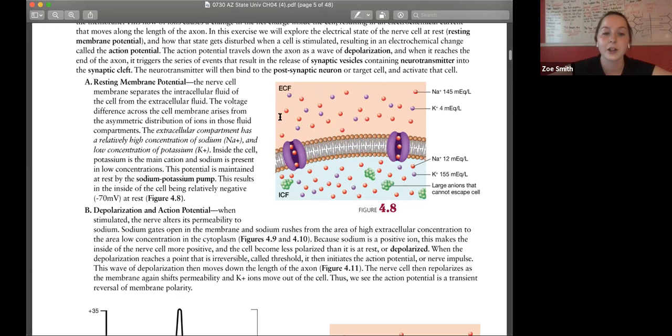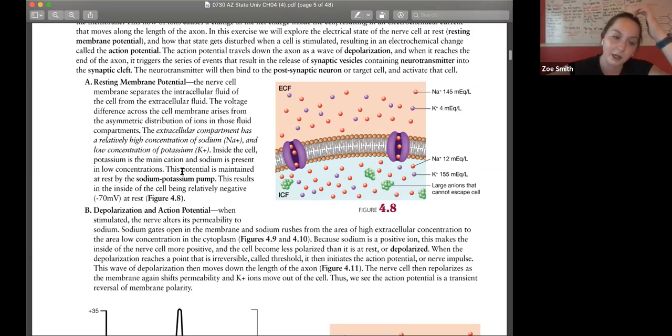The extracellular compartment has a relatively high concentration of sodium, Na+, and low concentration of potassium, whereas the intracellular fluid has a high concentration of potassium, K+, and a lower concentration of sodium.